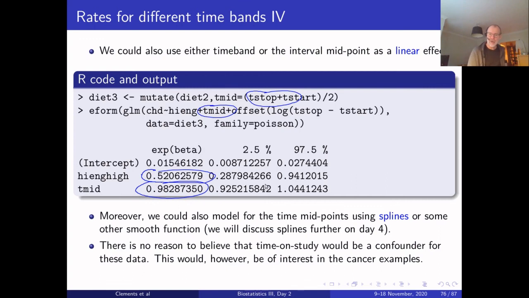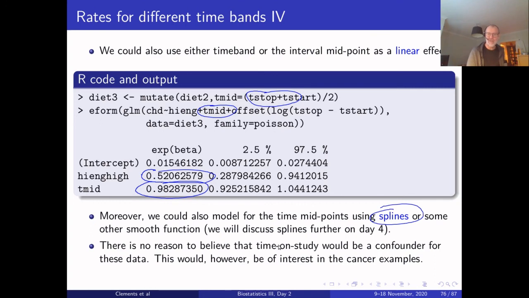More elegantly, we could also model the time midpoints using splines or some other smooth function, and then we wouldn't lose the time bands with zero events. And that's actually a very nice approach.